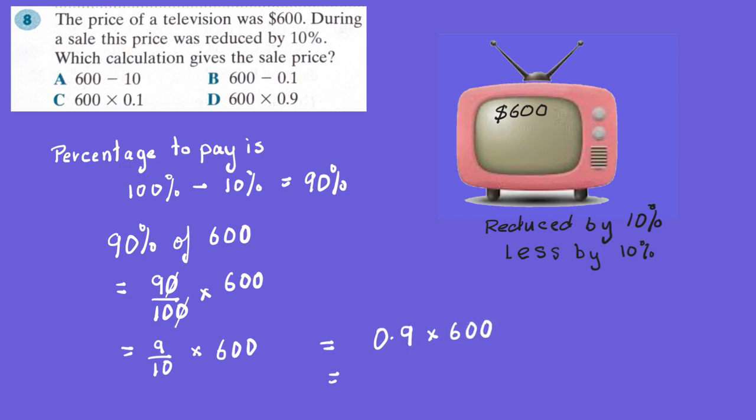Okay, they have it as 600 times 0.9. Makes no difference, but the answer will be D.